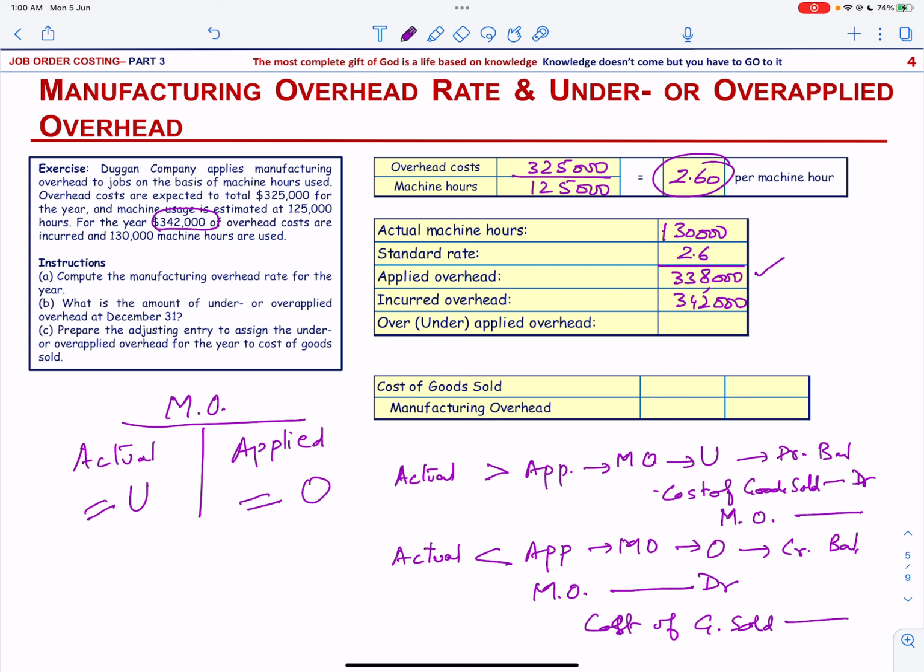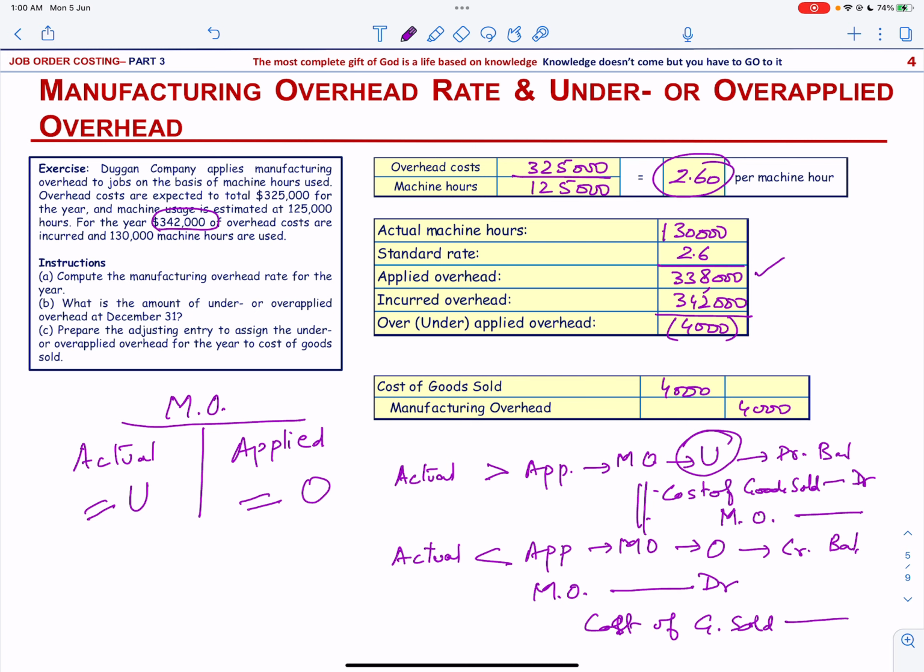That means it is underapplied by 4,000, and if it is underapplied, we have the general entry cost of goods sold debit by 4,000 and manufacturing overhead credit by 4,000.